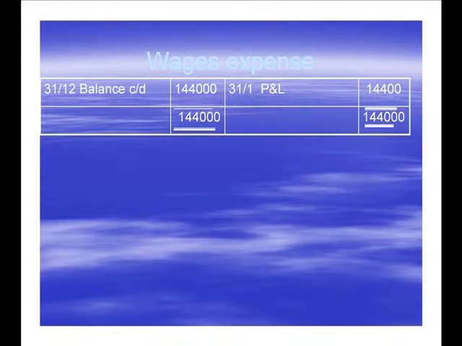That is the meaning. Right? And I said expense account balances are closed off to the profit and loss account. Then we have a 144,000 total on this date, and we are transferring the total to the profit and loss account, and then closed. No more balances.